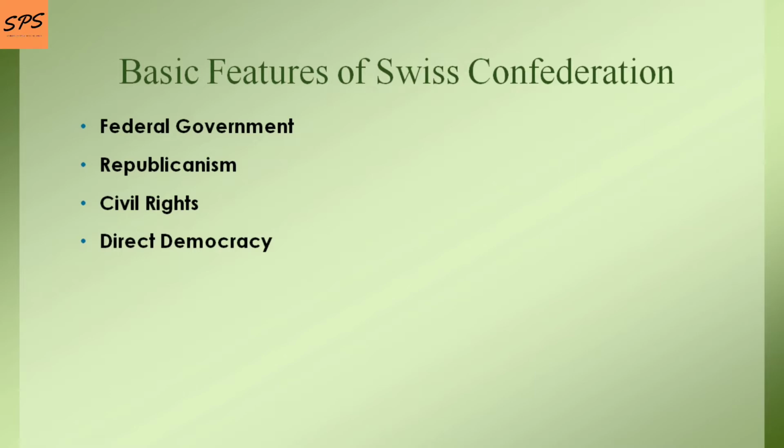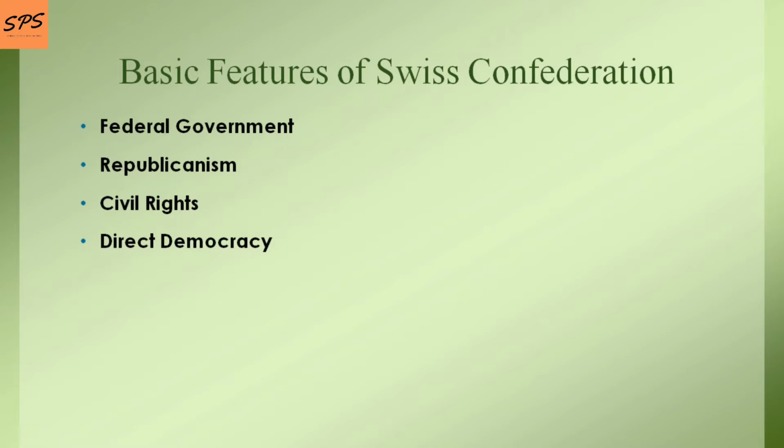The Swiss Confederation is composed of 26 cantons. In the past, each canton had its own army, but after the end of a long civil war in 1848, it changed its structure to a federal structure like that of the United States.